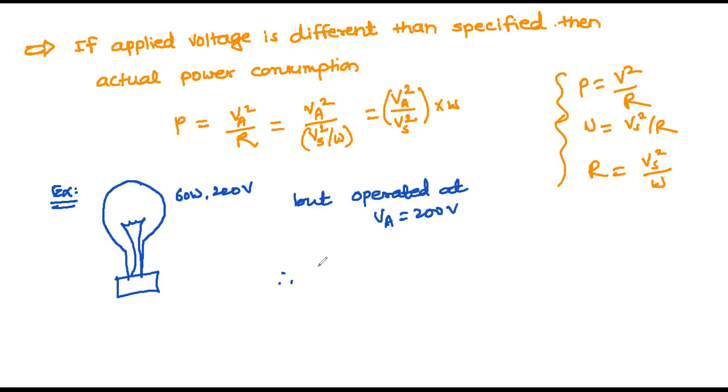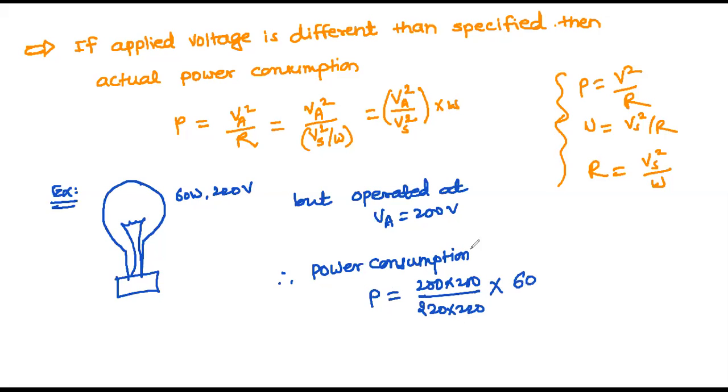Then power consumption P is equal to VA square, which is 200 into 200, divided by Vs. Vs means specified, which is already printed on the bulb. So VA is applied, meaning supplied, and Vs is specified.